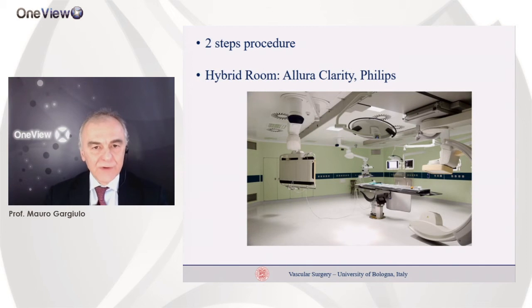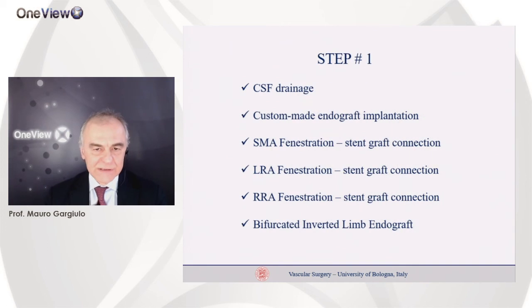Then we decided to treat these patients in 2 steps. Why? Because we can discuss if you want, but generally when we treat the patients like thoracoabdominal, we prefer in the elective cases to use the 2 steps procedure. Then the first step was a step with the CSF drainage, and we implanted the custom-made endograft, and we connected only the SMA, the left renal artery, the right renal artery, but not the celiac trunk.